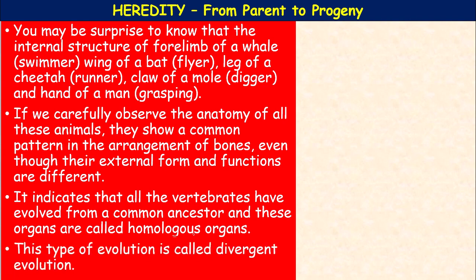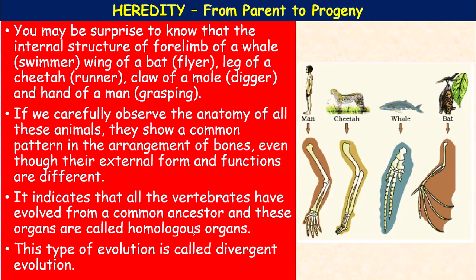This type of evolution is called divergent evolution, or it is also called adaptive radiation, which represents the evolution of new forms in several directions from the common ancestral type. This is called divergence. Example: man, cheetah, whale, bat, forelimbs.